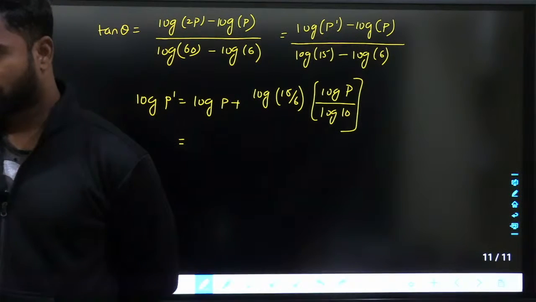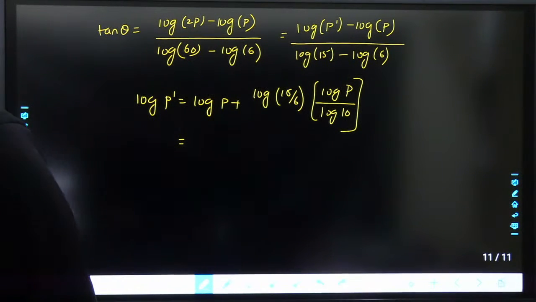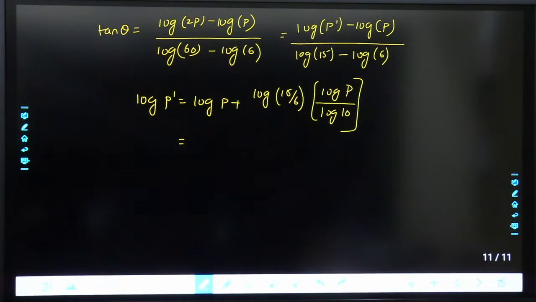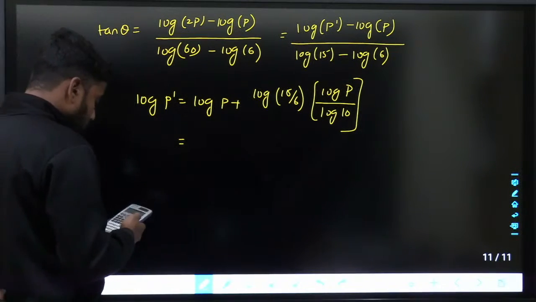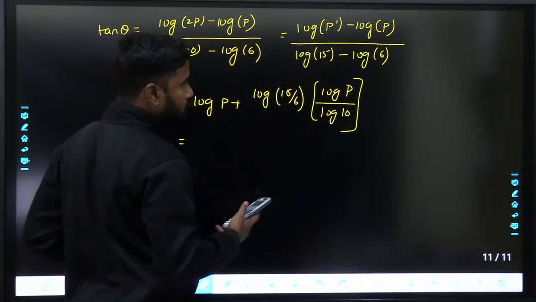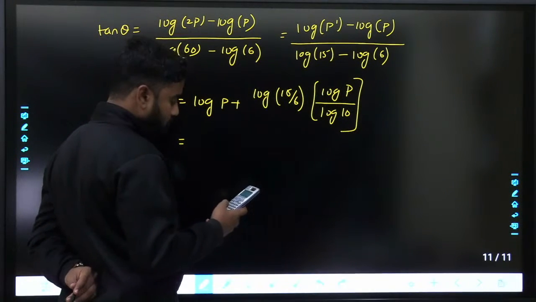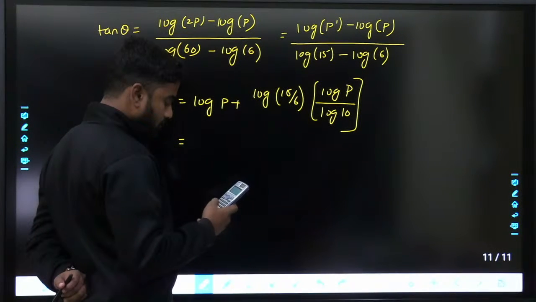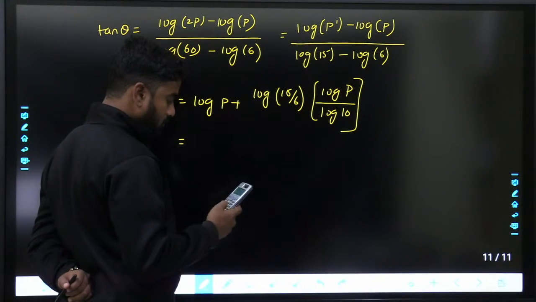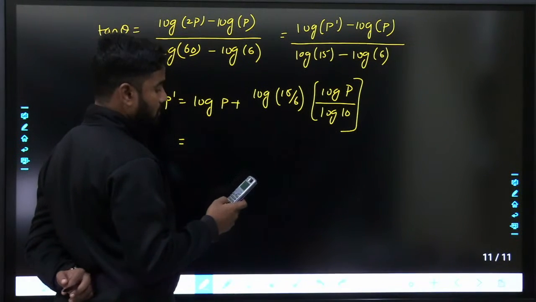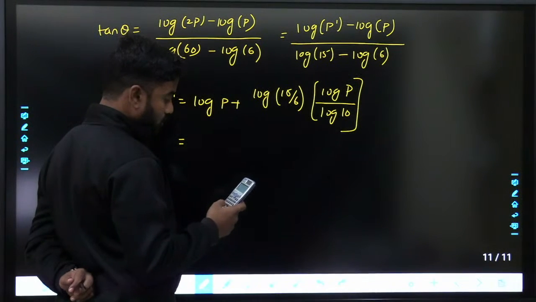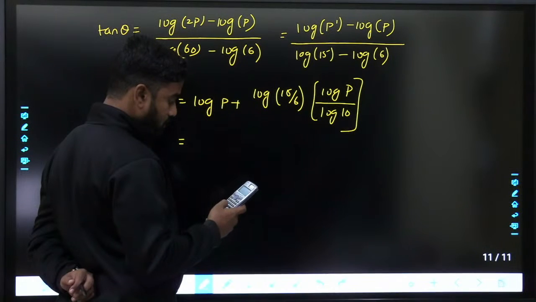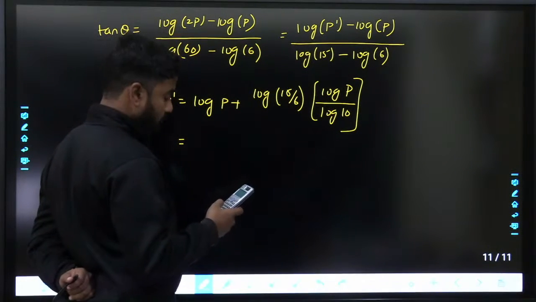What is this value? The value is log 15 minus log 6, multiplied with log 4200 minus log 2050, upon log 60 minus log 6.